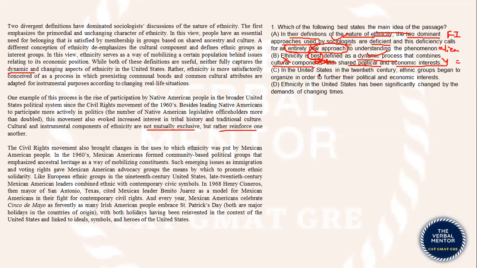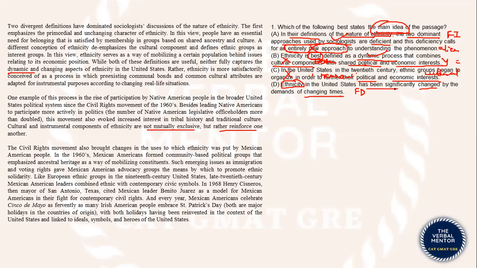Option C, in the United States in the 20th century, ethnic groups began to organize in order to further their political and economic interests. Where is the cultural interest? So this definition is incomplete. A narrow point, not the central idea. Option D, ethnicity in the United States has been significantly changed by the demands of changing times. This will distort the meaning of the passage.